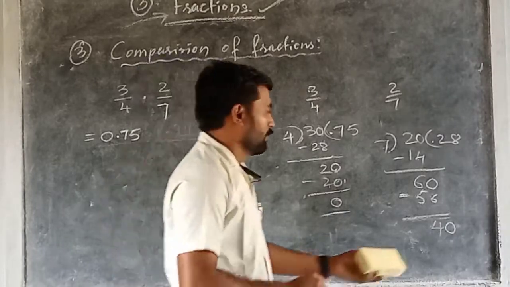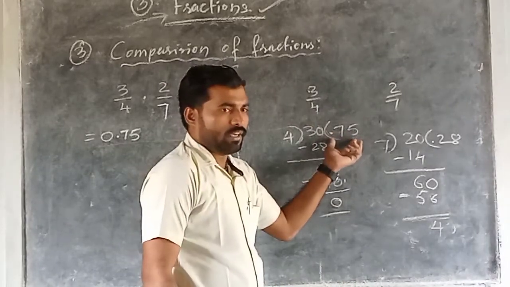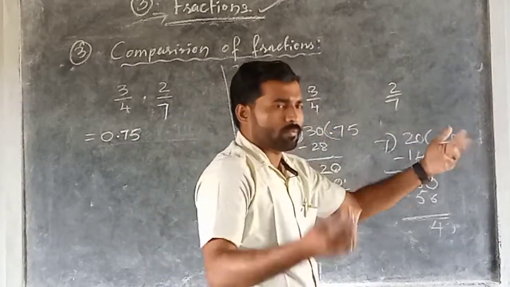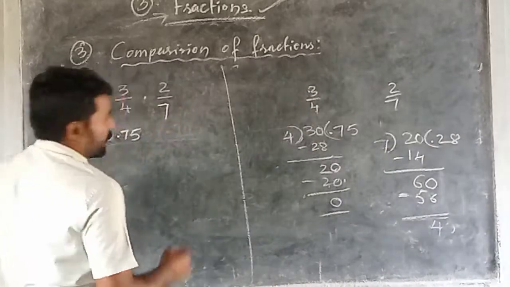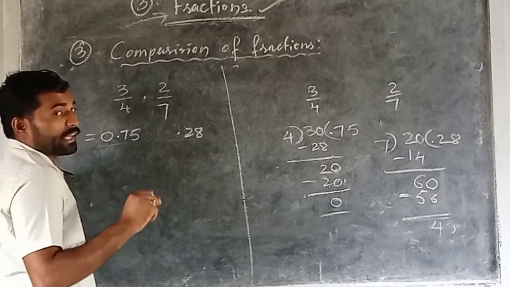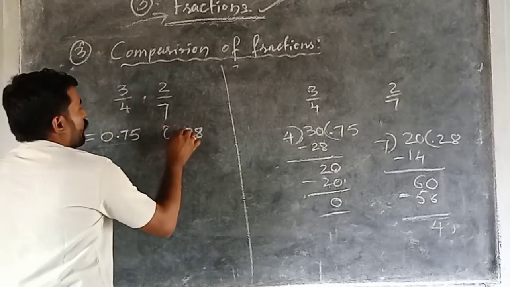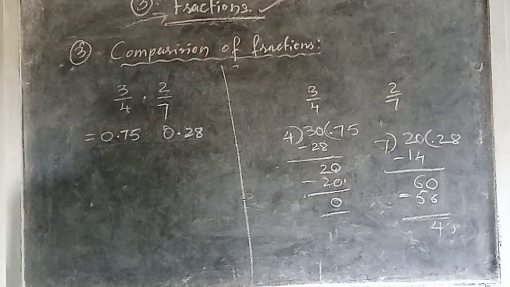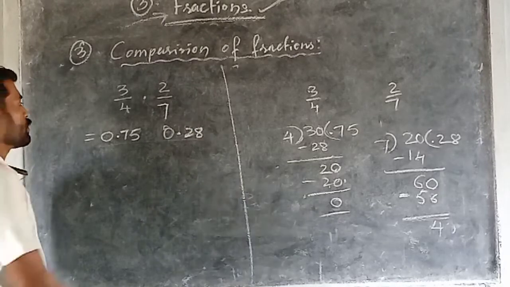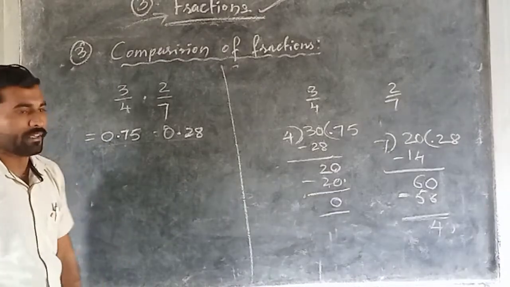Leave it, because here you have 2 places, so here also you can take 2 places. That's it. That means it is 0.28. Before the point you can write 0. The first one is 0.75 and the second one is 0.28.